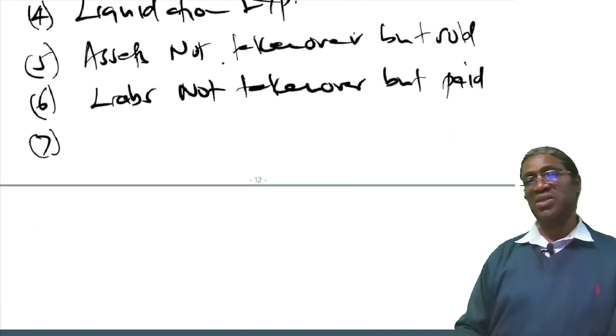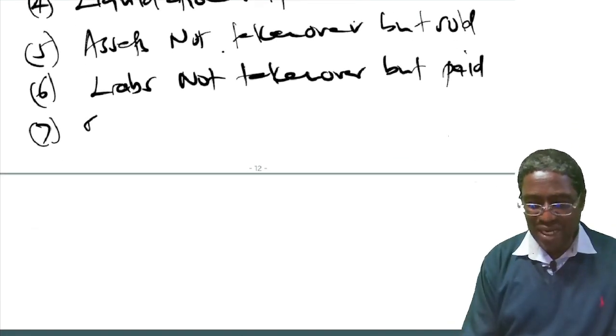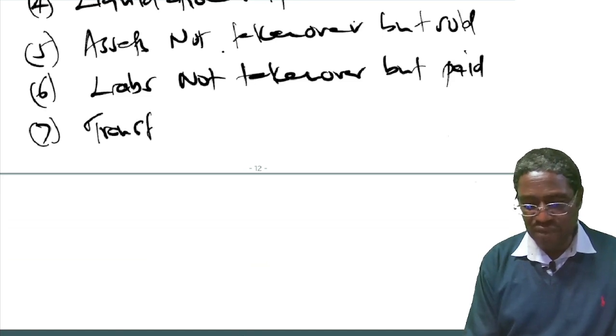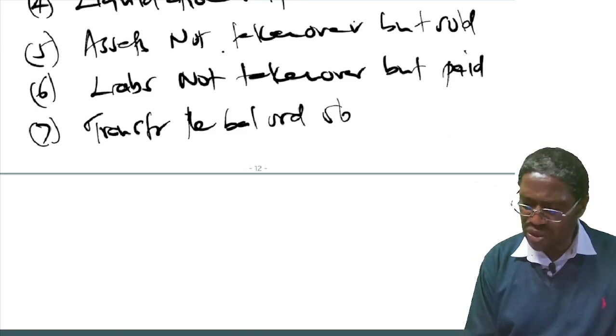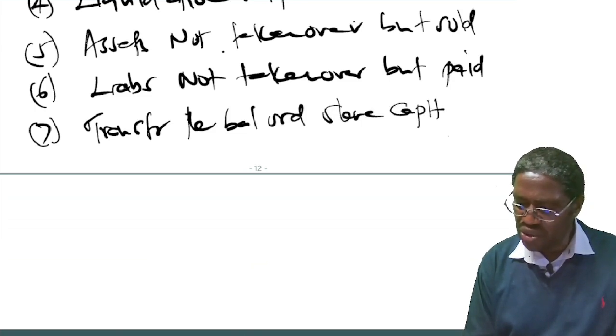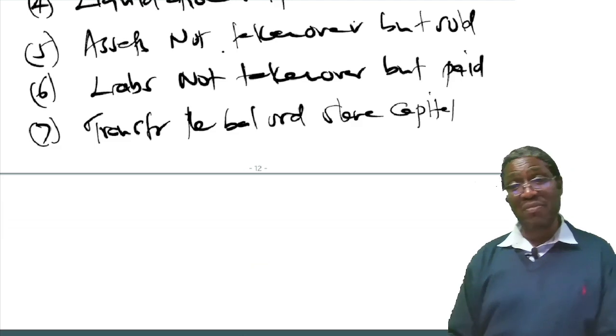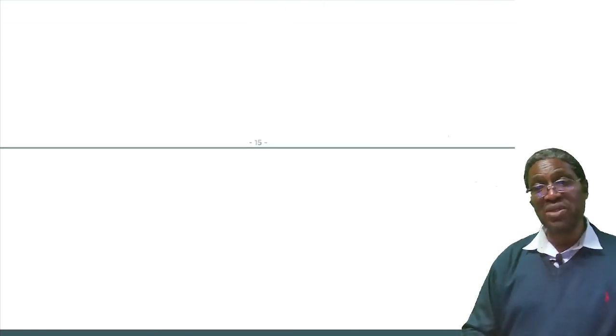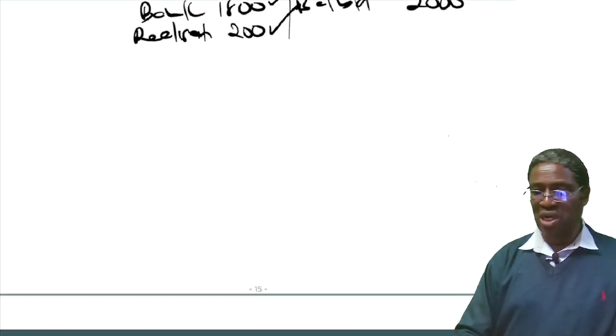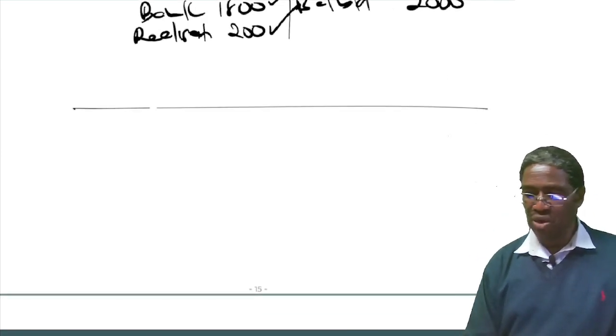So step number 7 says, transfer the balance. You now transfer the balance of the ordinary share capital to a liability account that we shall be calling ordinary shareholders members account. Let me open it here.